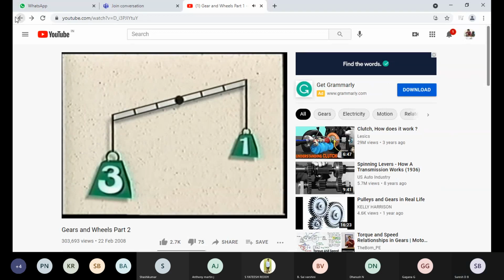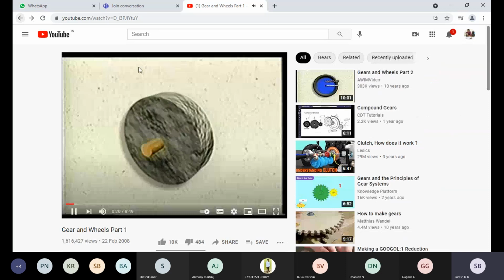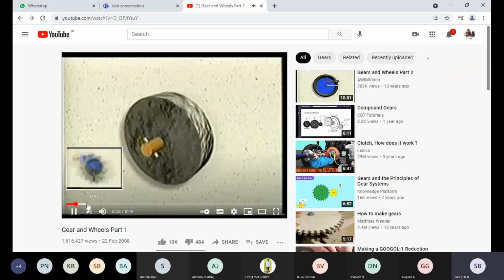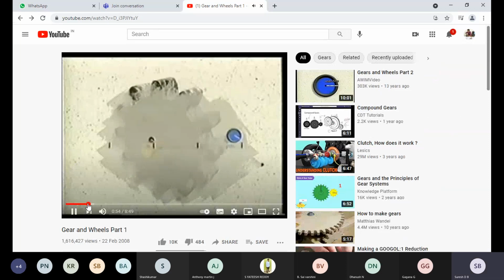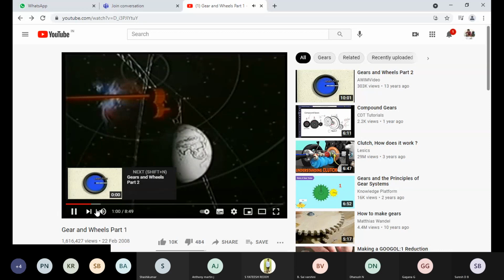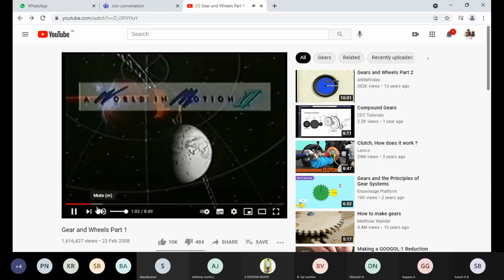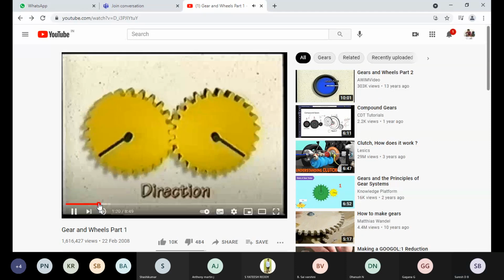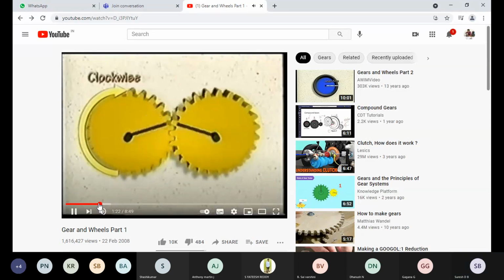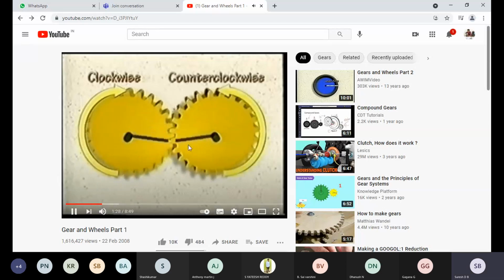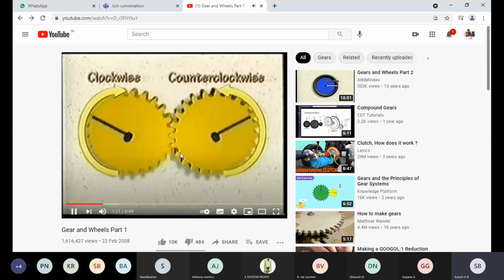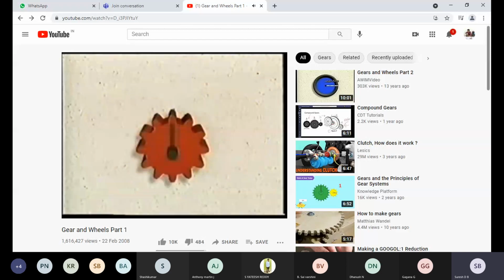Once again, see here. Both lines are meshing at the same time because both the diameters of the gears are the same. Then only they can mesh.